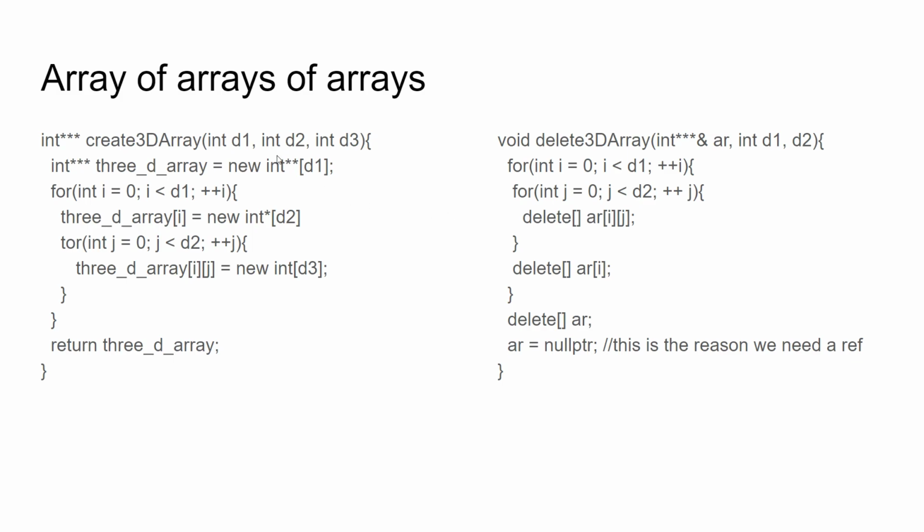So notice that first I created the double pointers, then I created the single pointers, then I created the integers. Here I delete the integers, then delete the single pointers, then delete the double pointers. Does that make sense?